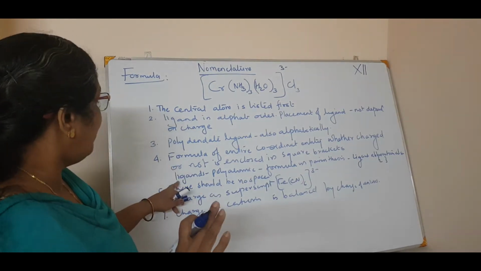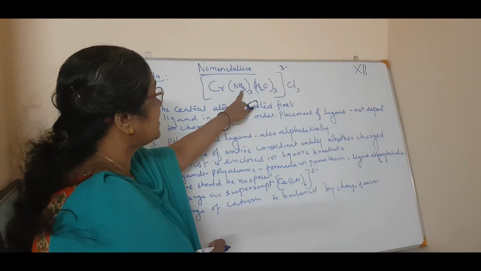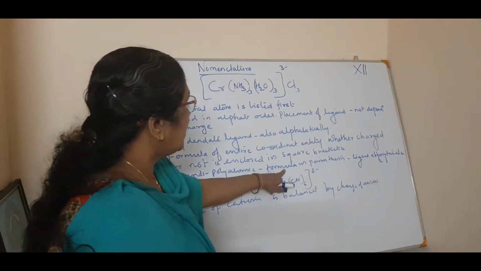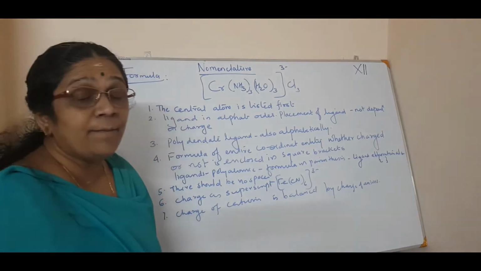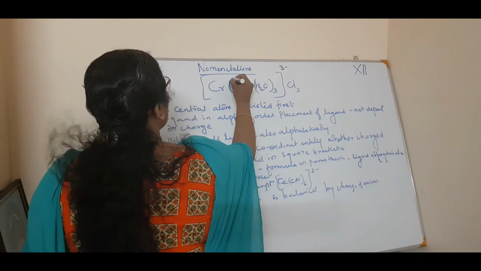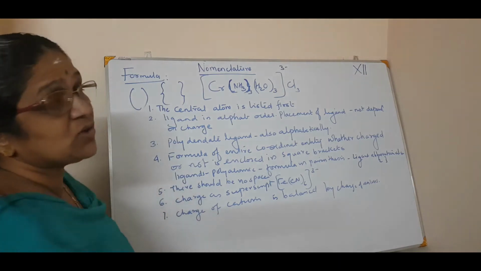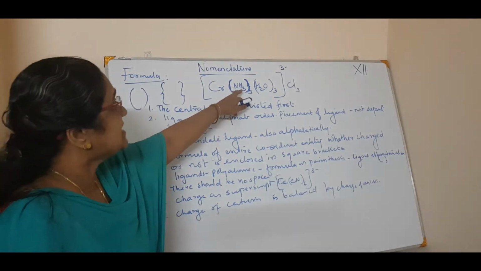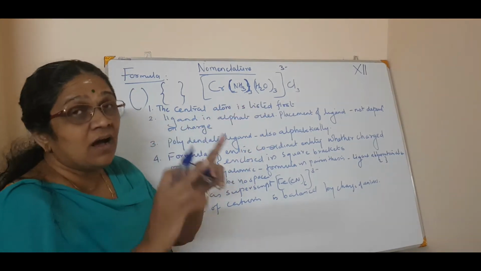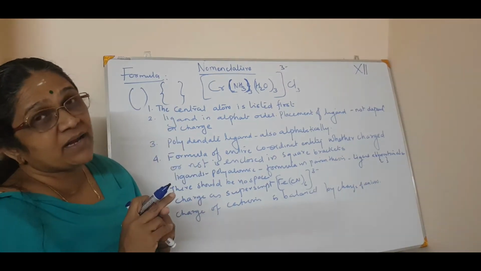Now what is the next rule? If the ligands are polyatomic, say NH3, then the ligand formula should be in parentheses. Parenthesis means curved brackets, not square brackets.